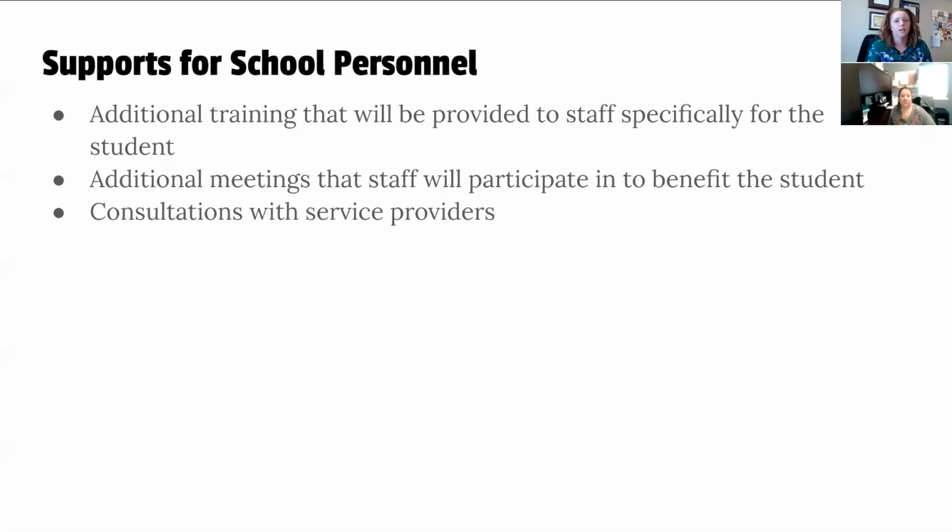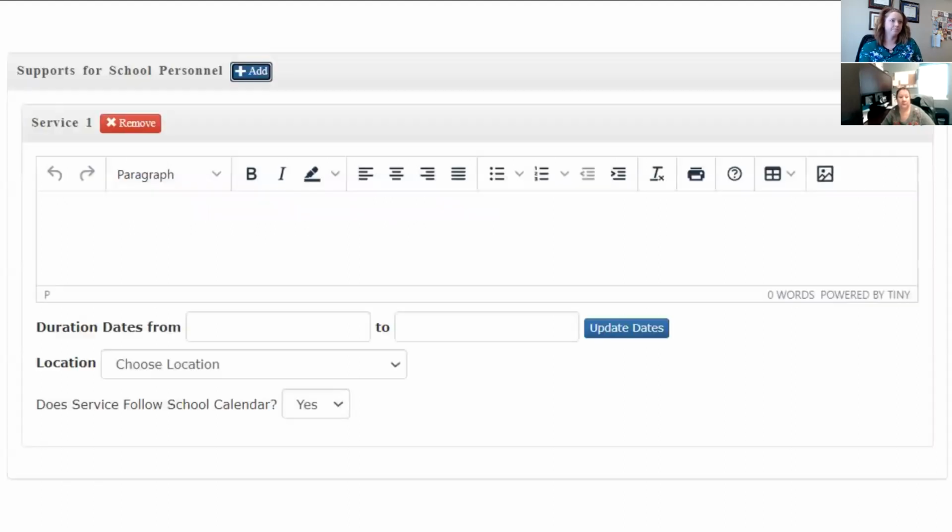If this is a student that has some behavioral concerns and the team has decided they want to meet every other week to support that student in the area of behavior, maybe consulting with service providers. So the child has some sensory needs and the classroom teacher wants to have some time to work with the occupational therapist. These are things that are provided to the adults as part of the student's plan, as opposed to the supplementary aids and services, which are provided directly to the student.